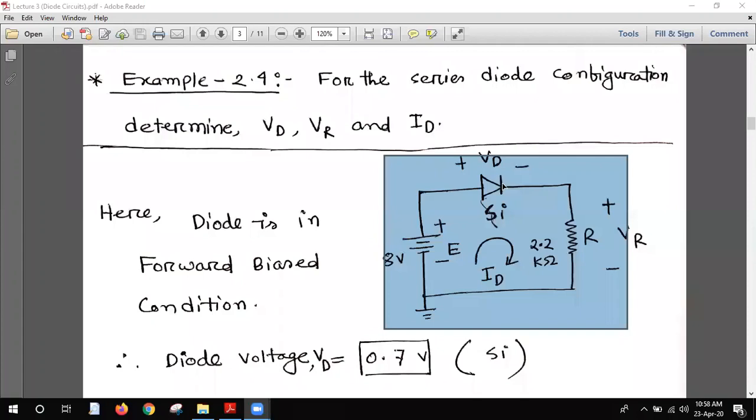This is a universal rule. You have studied this in electrical circuits in the second semester. That's why P is connected to positive and N is connected to negative, so we can tell that this diode is in forward biased condition.